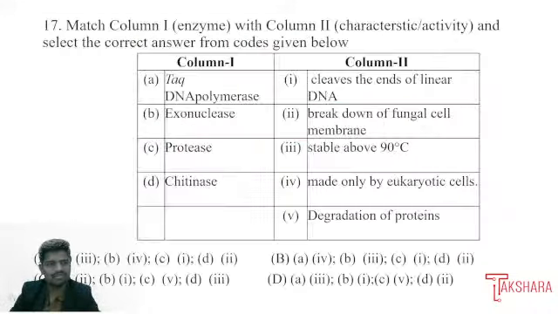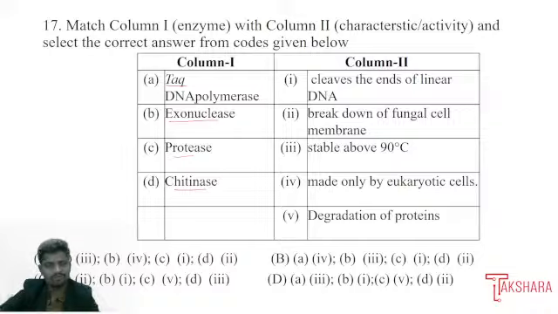Next question number 17. According to the match the following, column 1 and 2 with given different activity and their characters of enzymes. Option A: Taq polymerase, DNA exonuclease, protease, chitinase.